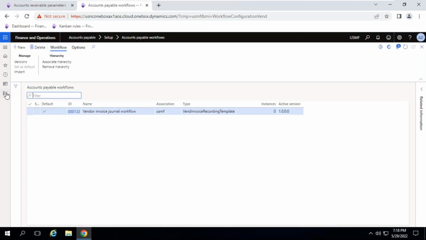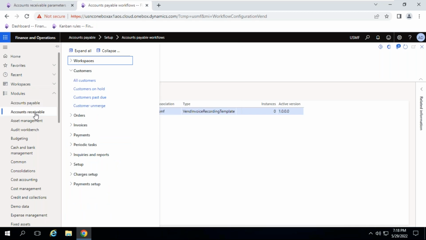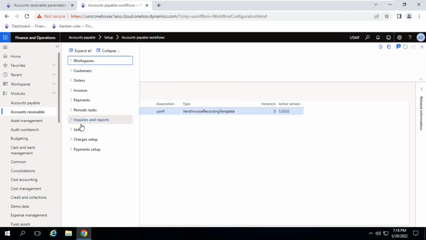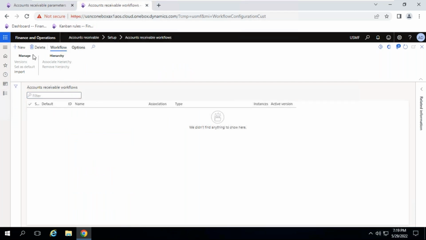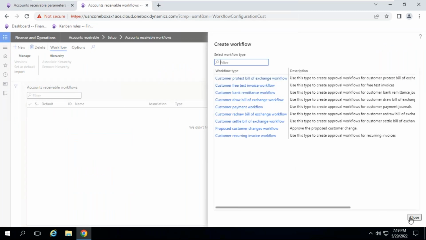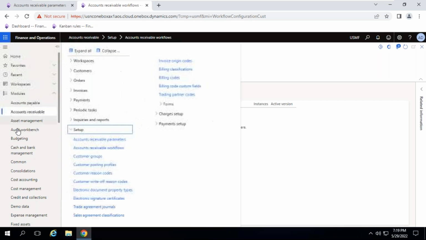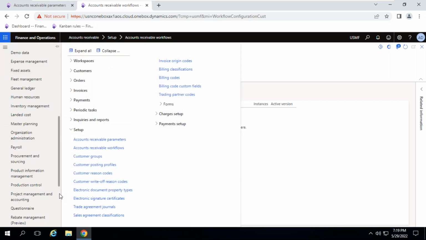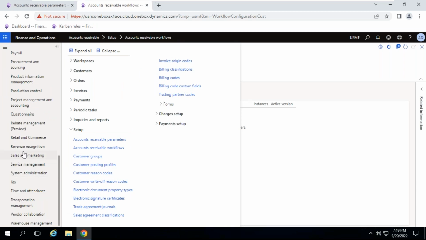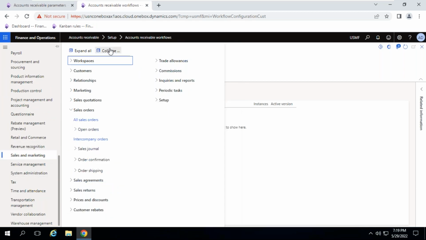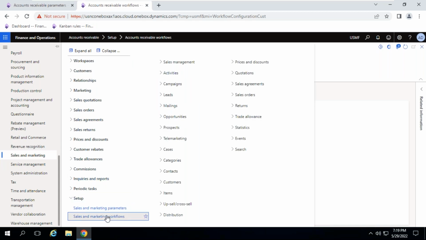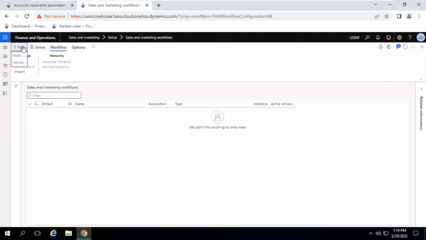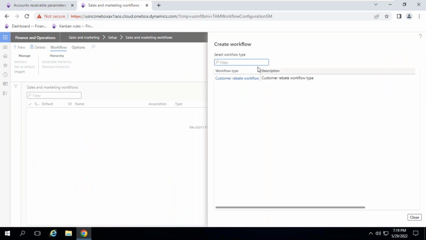If you go to every module, collapse all, setup, workflows, you will find plenty of workflows. Sales and marketing, procurement and sourcing also have workflows, I have shown you last time, am I right? Now in sales and marketing, setup, workflows, sales workflows are not there.